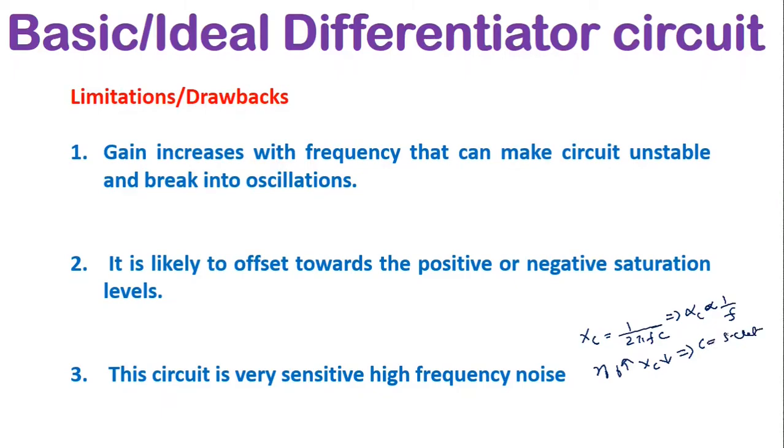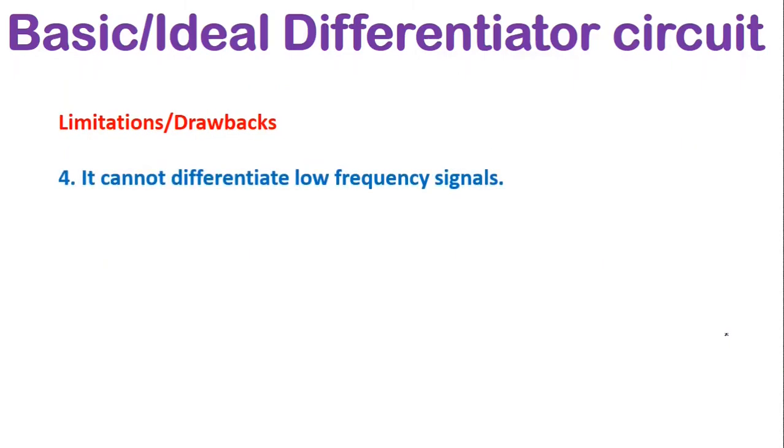That means high frequency signals coming at the input of the differentiator will get amplified and will override the output signal. So we can say that the differentiator circuit is very much affected by the high frequency noise because of this reason.